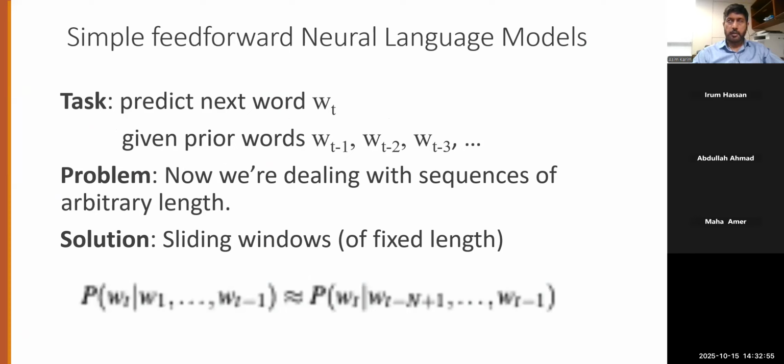So we are interested in a simple feed-forward neural language model. So we want to predict the next word WT given the context, which can be T minus 1, T minus 2, T minus 3, if you take 3 words as the context.